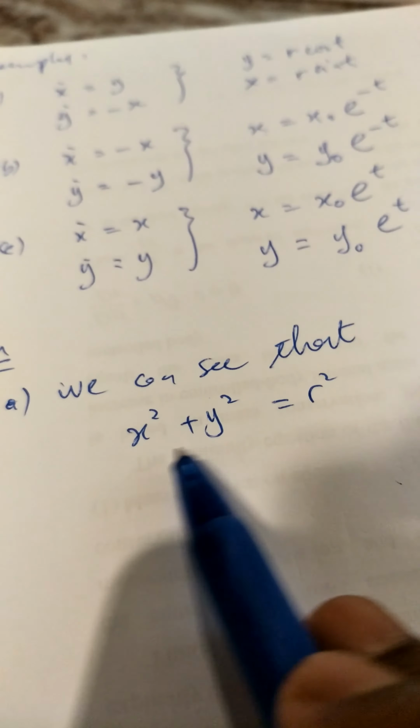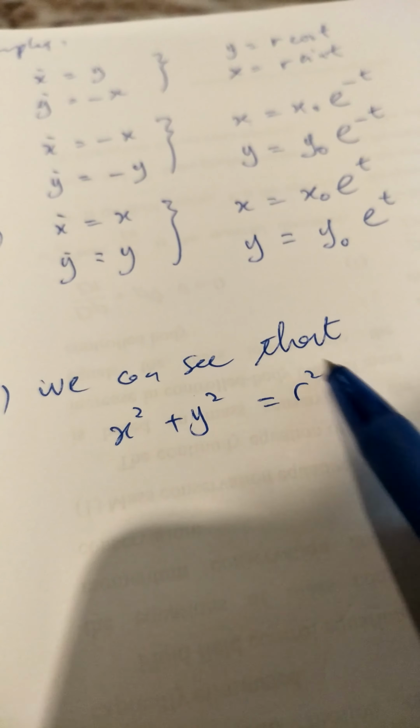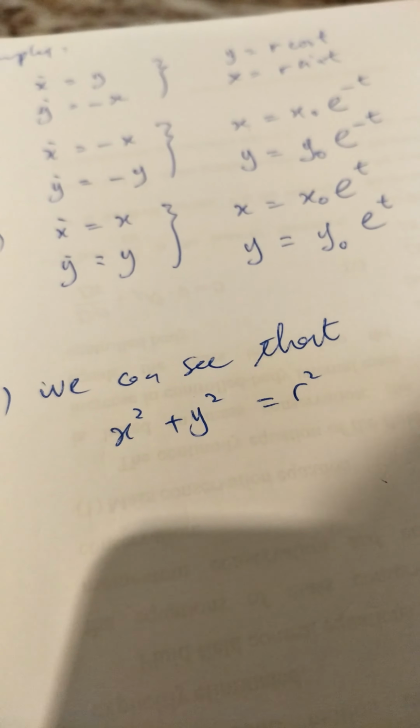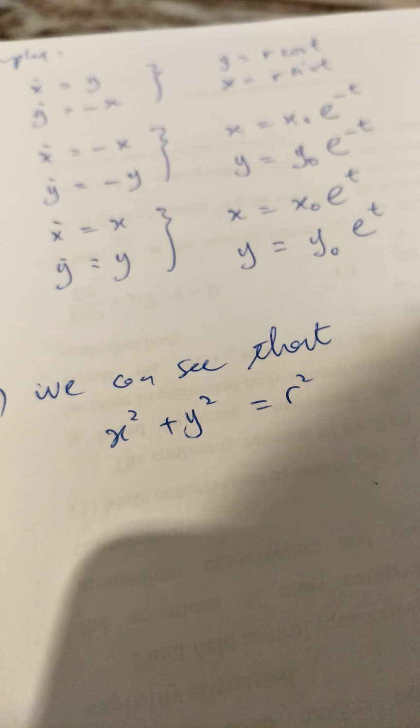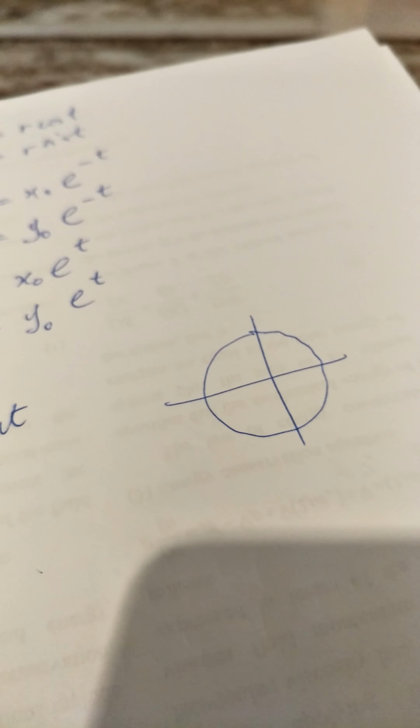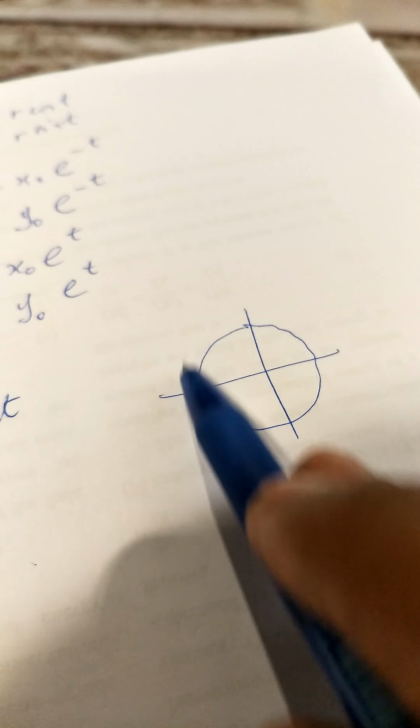So what you can see here is a circle of radius r. So this is the trajectory of the solution.